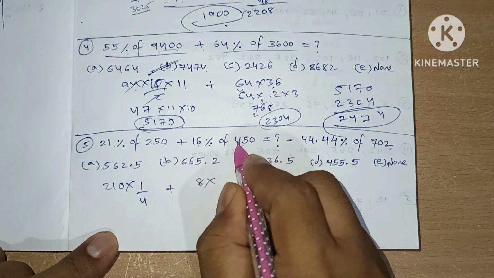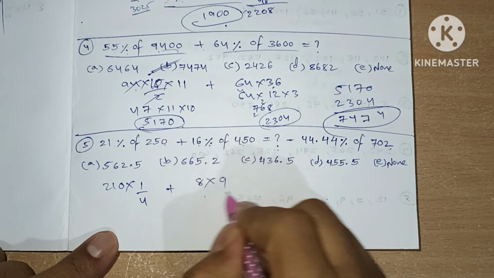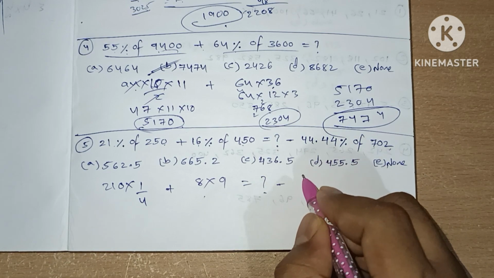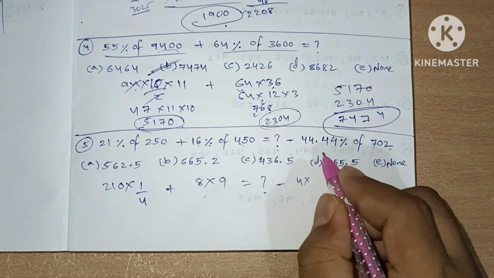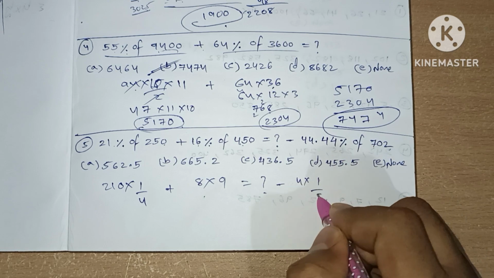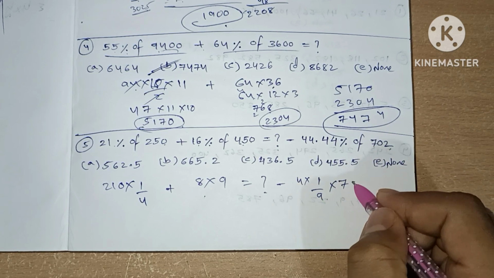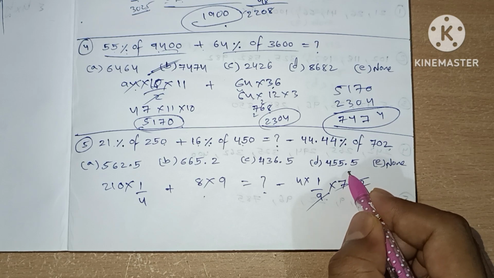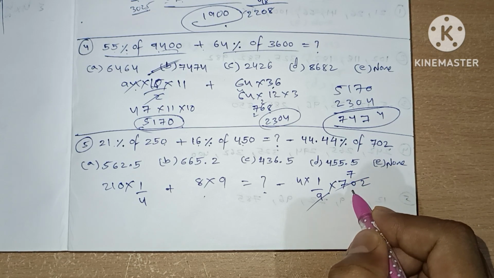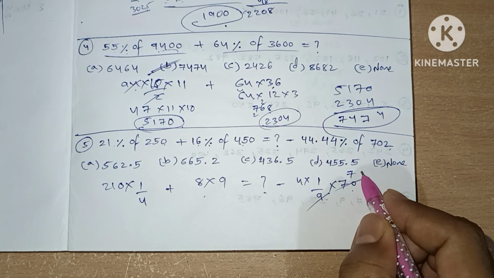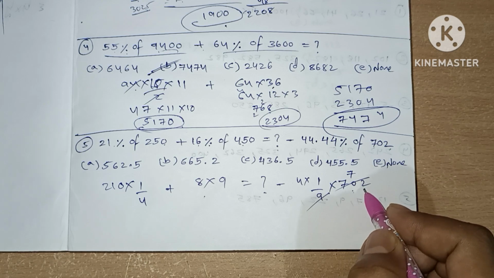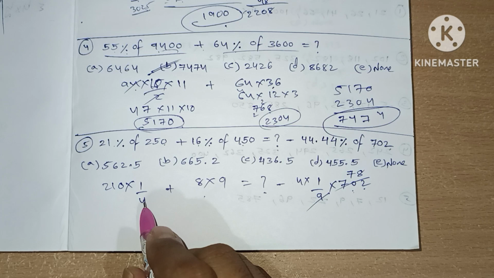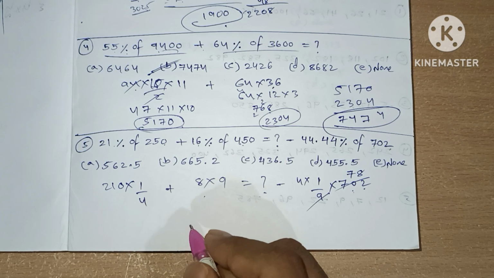Question mark minus 44.44 means 4 into 11.11. 11% means 1/9. 702, 9. 7 times 63. We are left with 72. 8 times is 72.